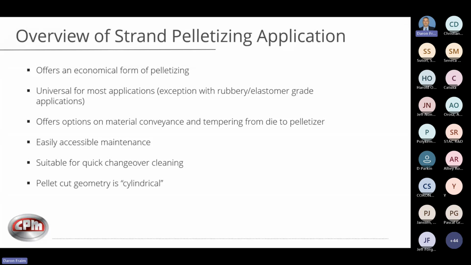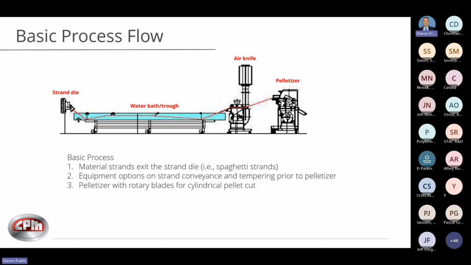Most options are fairly easy on maintenance accessibility, and it's suitable for quick changeover cleaning. And as you probably know, the pellet cut geometry is a cylindrical type cut. This here gives you a good visual of the more basic offering.